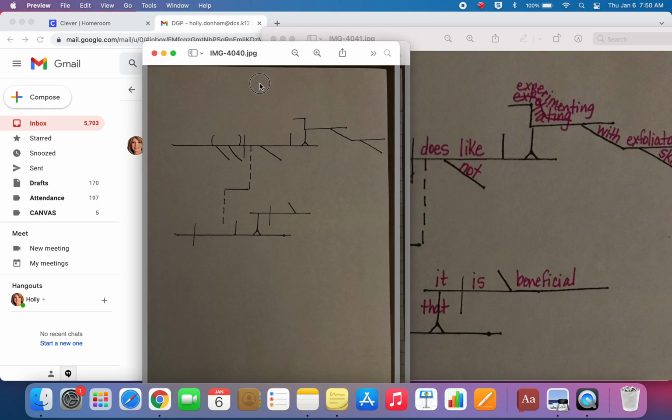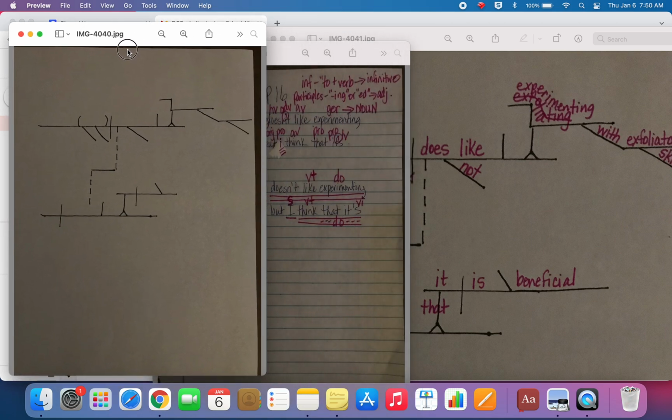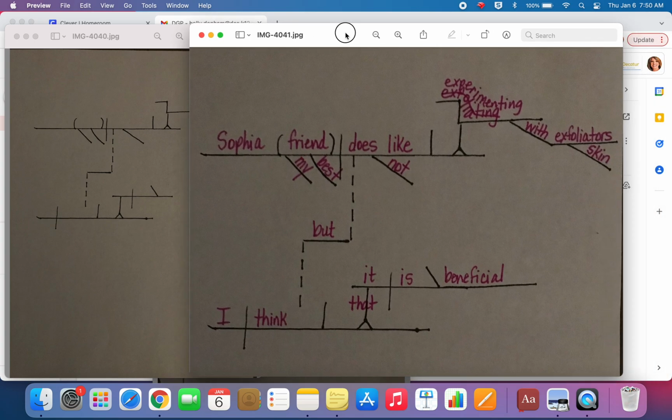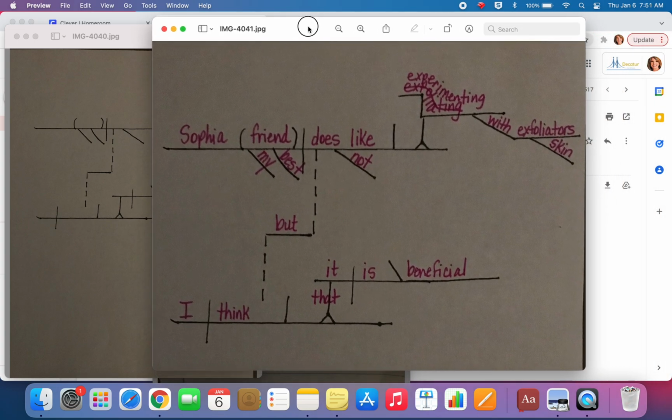If you are looking at my screen, you will see that I do have a completed diagram. And let's talk through it, okay? Notice we have a funny line for our verbal because, you know, we always do when we have an infinitive or whether we have a participle or in this case a gerund, we're going to have a funny curving line for our verbal.